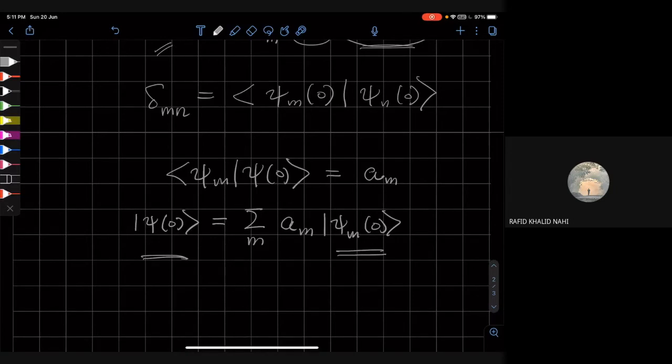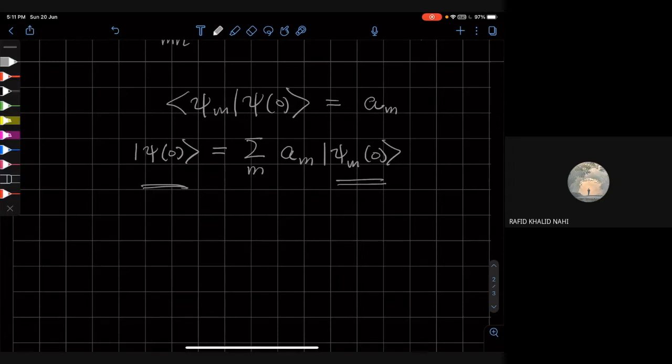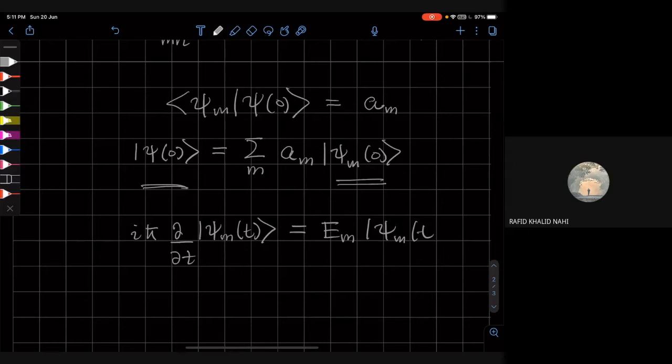Now if I look at the Schrodinger equation, but instead of a general state, I consider the eigenstate of the Hamiltonian operator, then the Schrodinger equation becomes this. On the right-hand side, I'm inserting the eigenvalue.